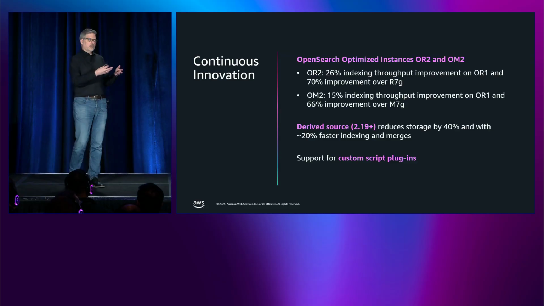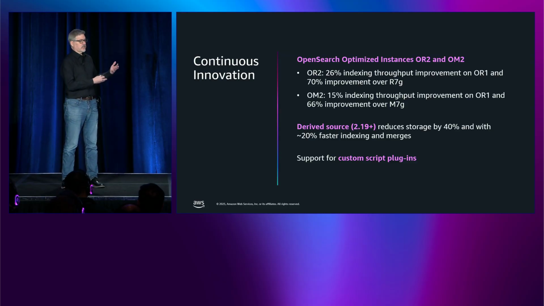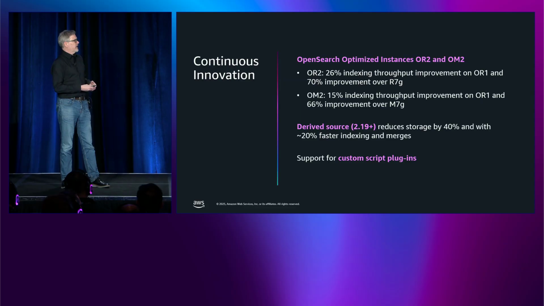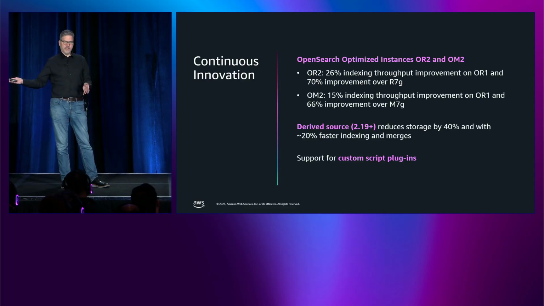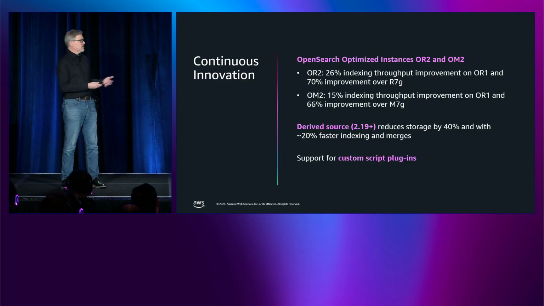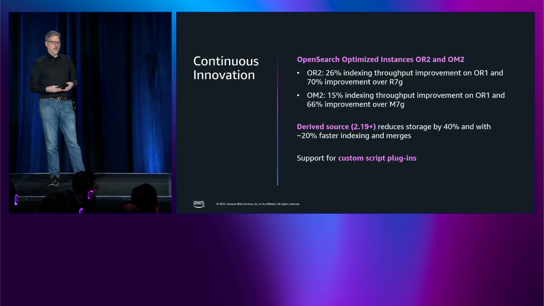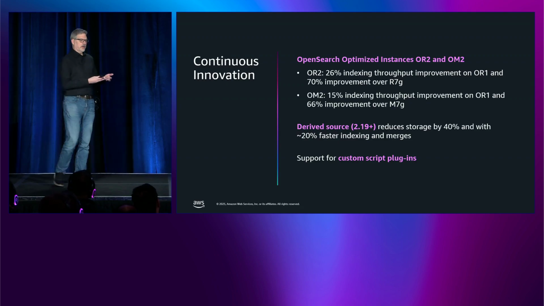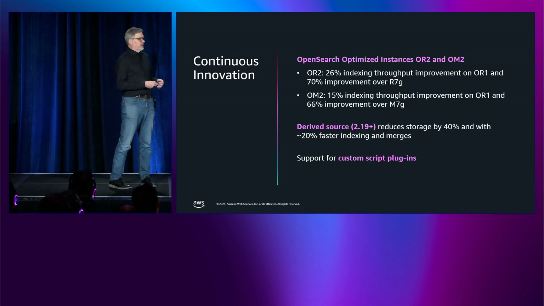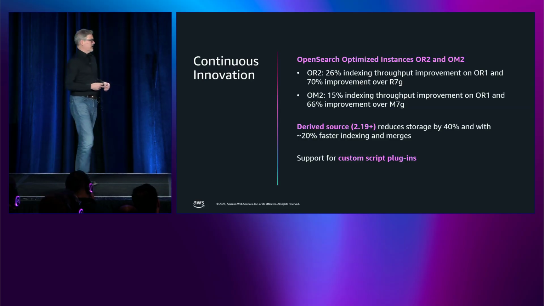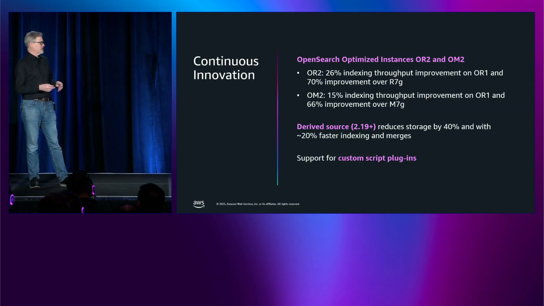We perform those operations based off of the pre-indexed data, or the derived source. This not only means I don't have to waste 40% of my cluster on that source data anymore, it also is much faster, a 20% improvement in indexing and merges, because the data is already pre-indexed. So I don't have to index that data again to do those operations. So definitely just check that box, turn that on. It'll save you quite a bit of expense.